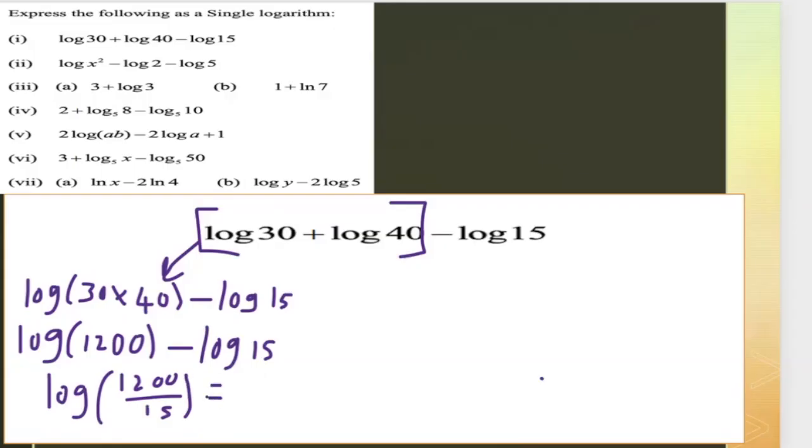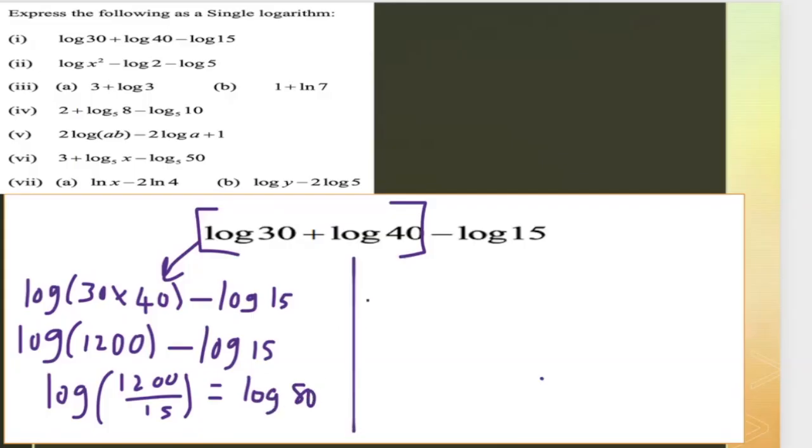Now, if it can be reduced, then it is expected for you to reduce it. So don't leave it as this. If you know, we can go ahead and reduce. That's the expectation. So 15 into 1,200 goes 80 times, so your answer would be log 80.